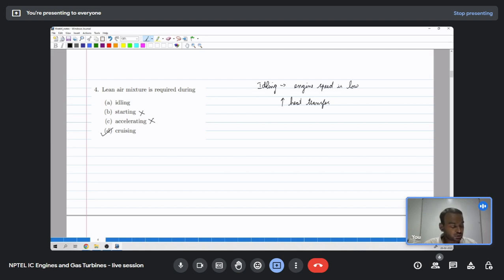Also the engine wall temperature will be low, and because of this there will be very unstable combustion. So to make the combustion stabler, we put more fuel, and a rich mixture will always be stable when compared to lean mixtures.